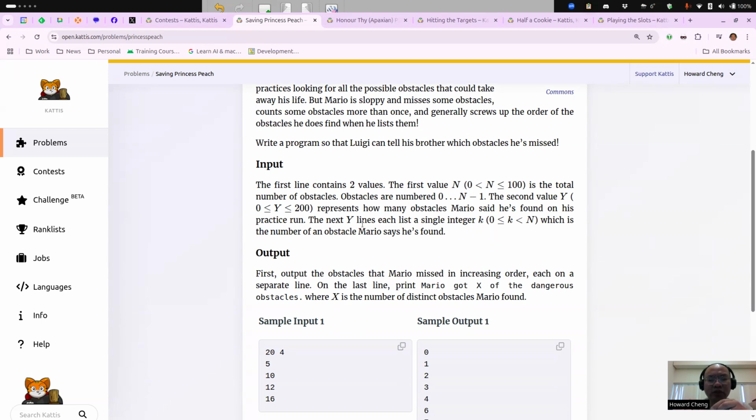But some of these numbers can be duplicated, and also you have to list all the ones that are not found. So the fact that it's only up to 100 basically means that you can just use a Boolean array indexed by the ID to say whether you have seen it or not. And I guess you just do that, and then at the end, just go through the list from 0 to n minus 1 and see which ones have been found.